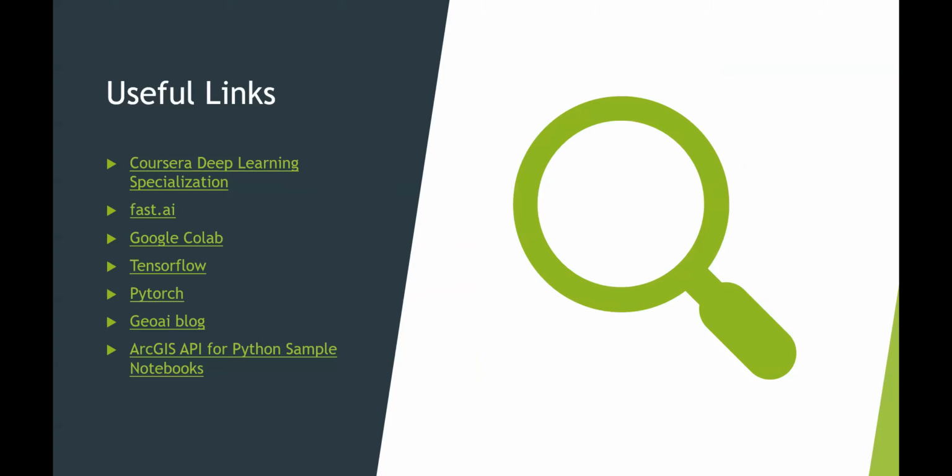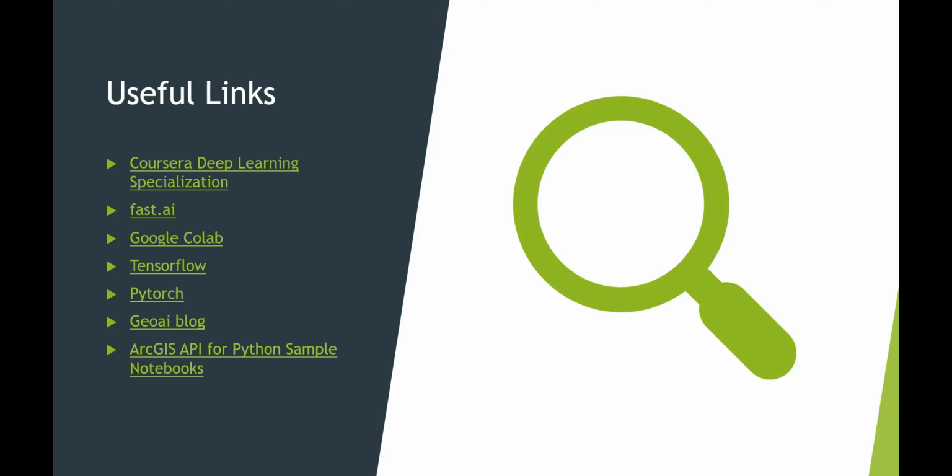And I have some useful links here. If you want to dive deeper into the nuts and bolts of deep learning and constructing neural networks from scratch, using NumPy and going into TensorFlow, I would recommend going to Coursera and using their deep learning specialization. However, that's going to really be overkill for a lot of people.